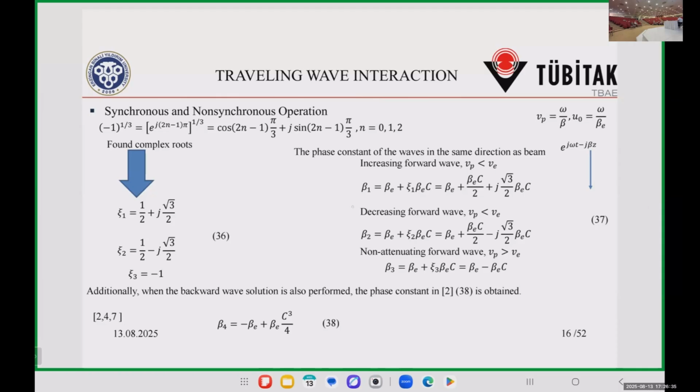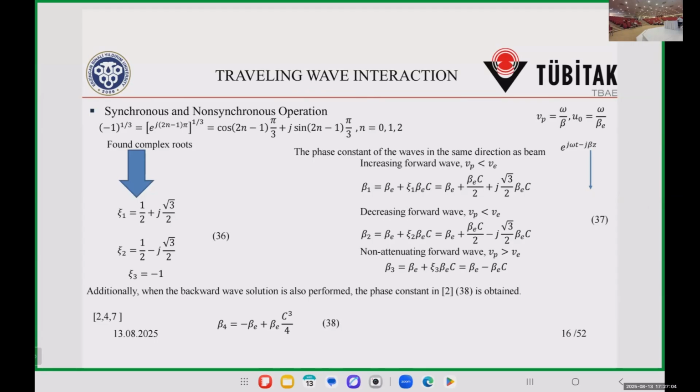In beta 1 and beta 2, we have an imaginary part. The imaginary part of the propagation constant indicates that the wave is either a growing wave or a decaying wave. Here it is plus in beta 1, so this is a growing wave. This is minus in beta 2, so beta 2 is a decaying wave.